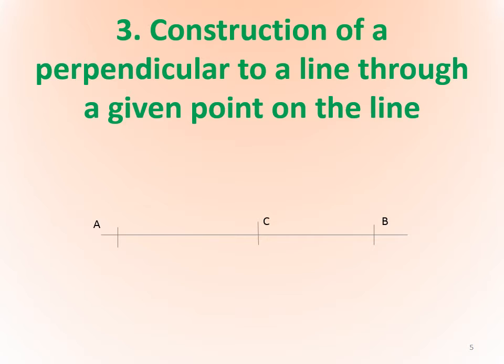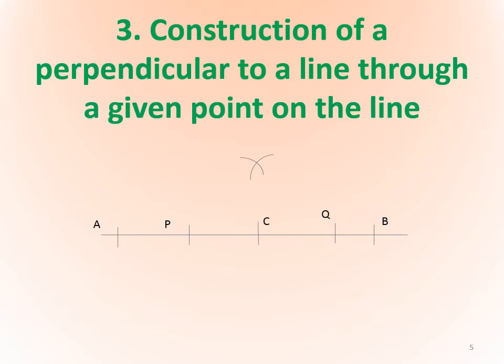Take a suitable length onto the pair of compasses and taking C as the center, draw 2 arcs that intersect the straight line segment AB on the 2 sides of C. Name the 2 points of intersection as P and Q. Taking P and Q as the centers and using a fixed radius, draw 2 arcs above or below the line AB such that they intersect each other.